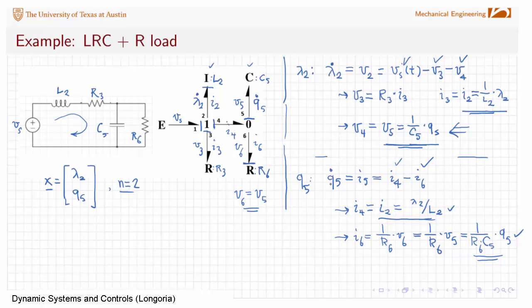What you do then is write your state equations in full form. It would be lambda dot 2, Q dot 5 in vector form, and because these are linear, you can put it in linear state space form.